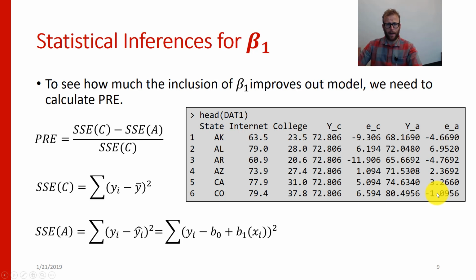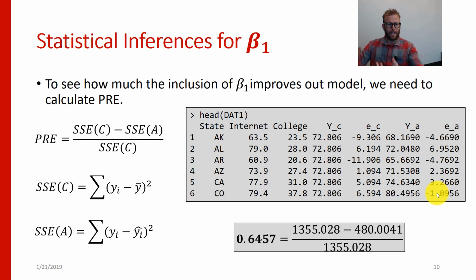Once we have those errors, we can square them and add them together to calculate our sums of squared error estimates. And in this case, it's 1,355 minus 480 divided by 1,355. If you do that, we get a proportional reduction of error of approximately 0.65, let's say.